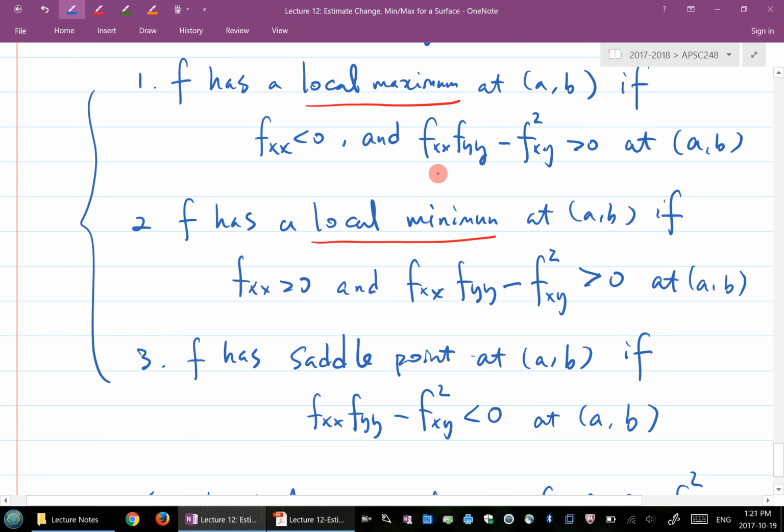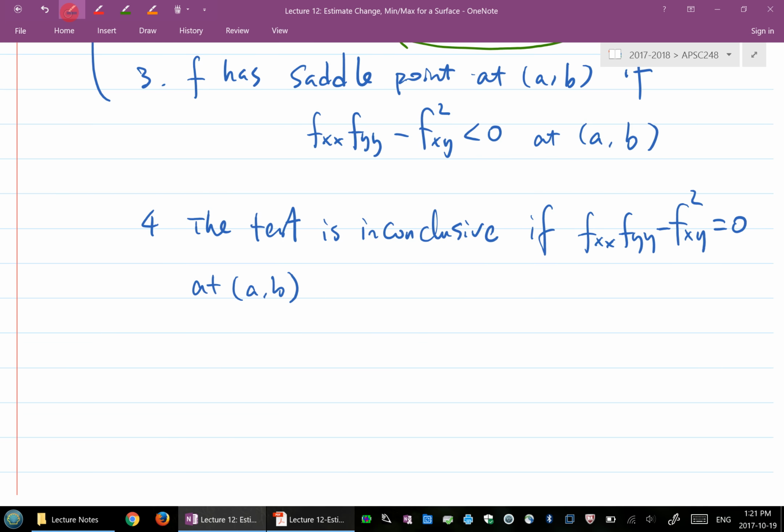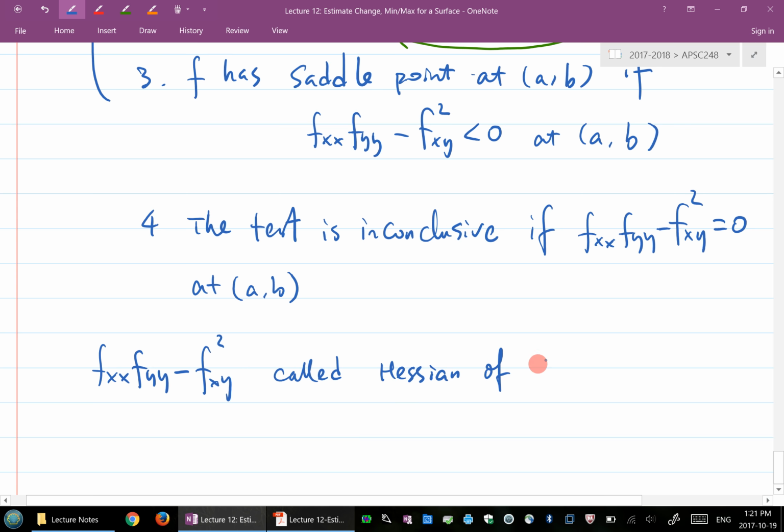Now, look at this theorem slightly more closely. One term shows up quite often, fxx fyy minus fxy squared. This term is called the Hessian of the function f.